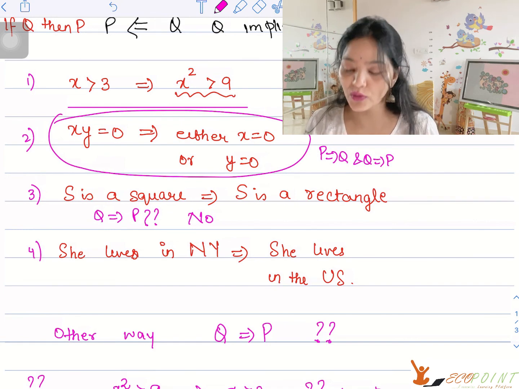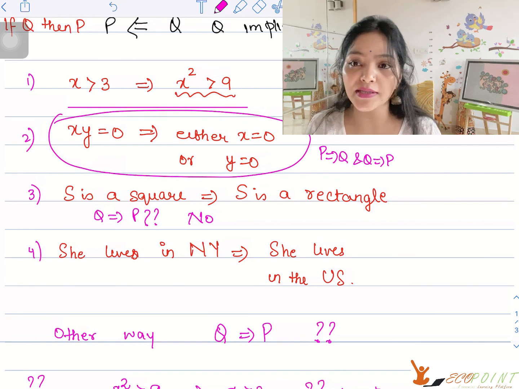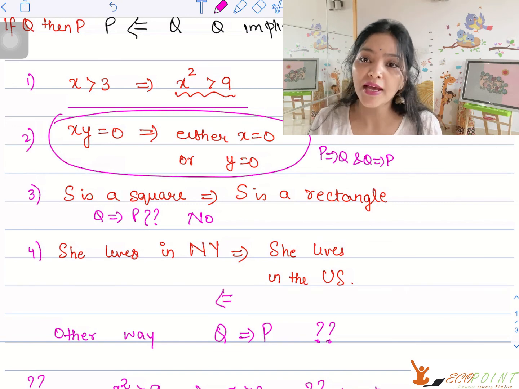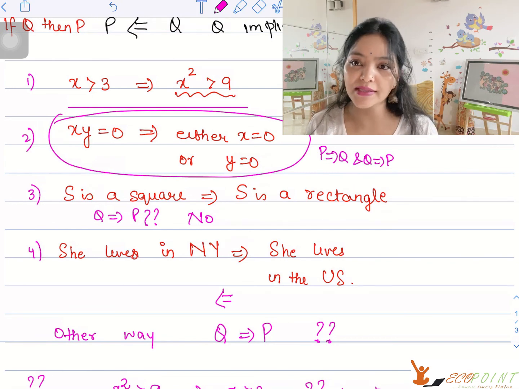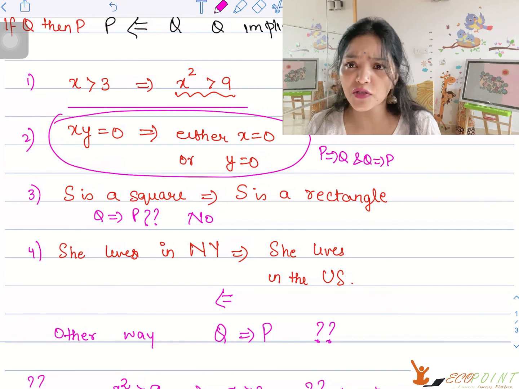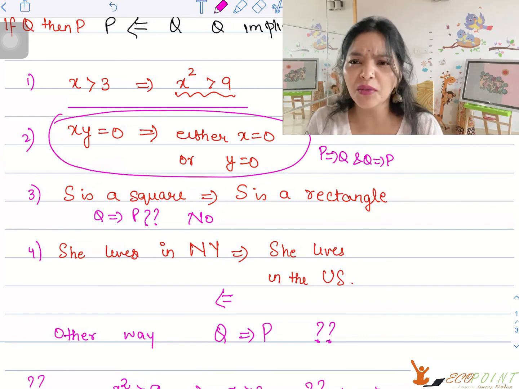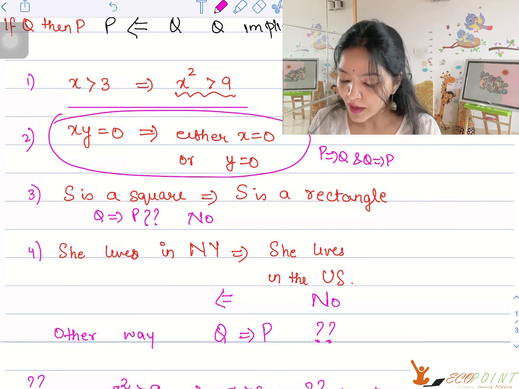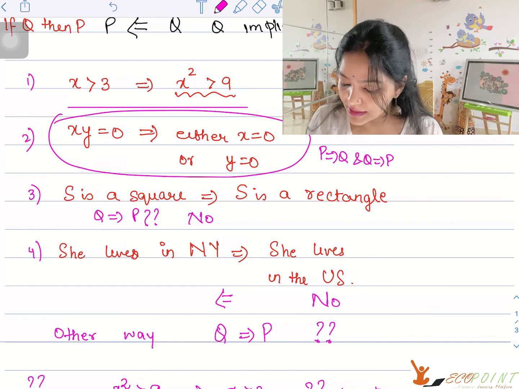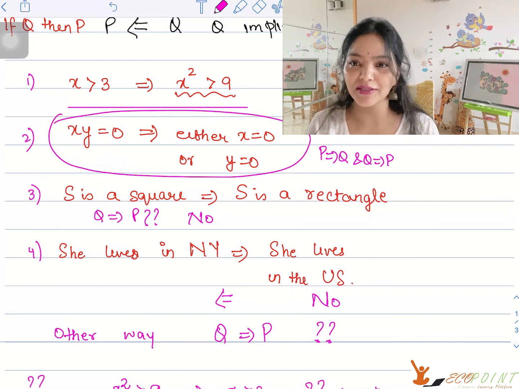She lives in New York implies she lives in the US. Or the other way round, she lives in the US implies she lives in New York. Absolutely not. If she's living in the US, she could live anywhere apart from New York as well, right? So she could live in Seattle or anywhere else for that matter, right? So even this is not equivalent, right?